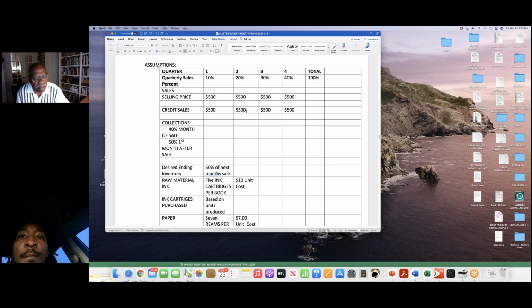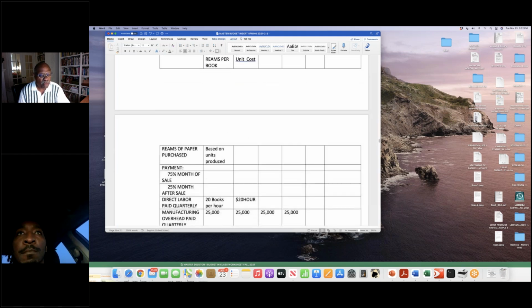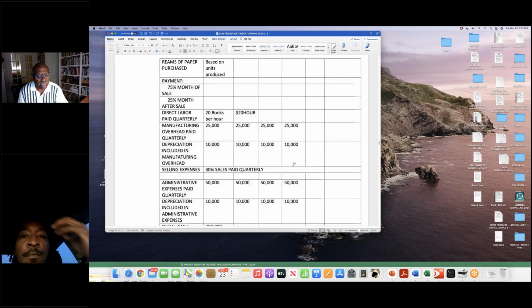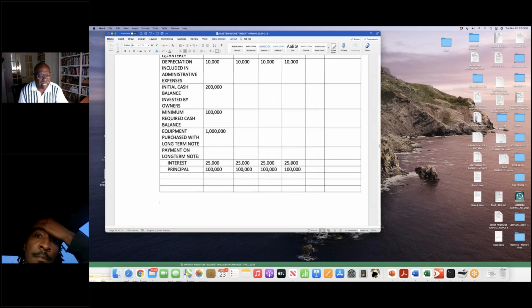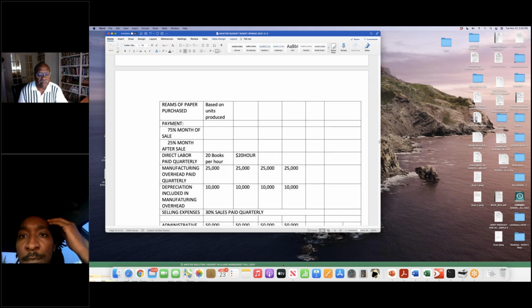And you can pretty much utilize these sales quarterly percents and things like that, and collections and things like that. You can go ahead and utilize that, but you'll need the same assumption for your product. And so it'll look like this. So that looks like a lot of information, but it's not that much.